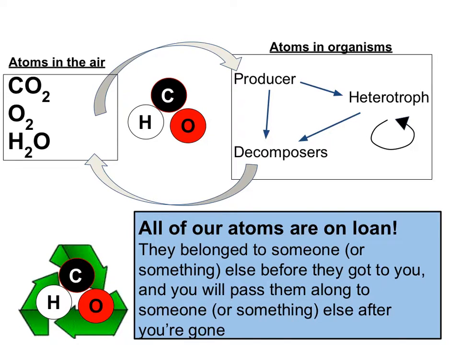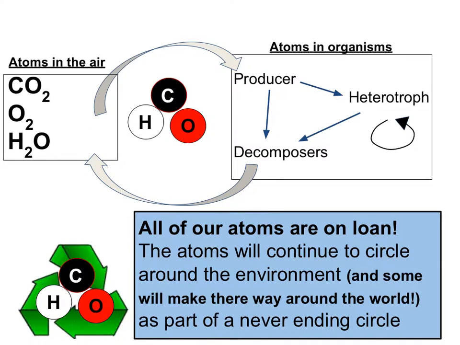Those atoms will become a baby bird or something, maybe a raccoon, by way of this cycle of photosynthesis and cellular respiration. So once again, the atoms that we have are pretty much on loan. The atoms will continue to circle around the environment, and some will make their way around the world as part of a never-ending cycle.